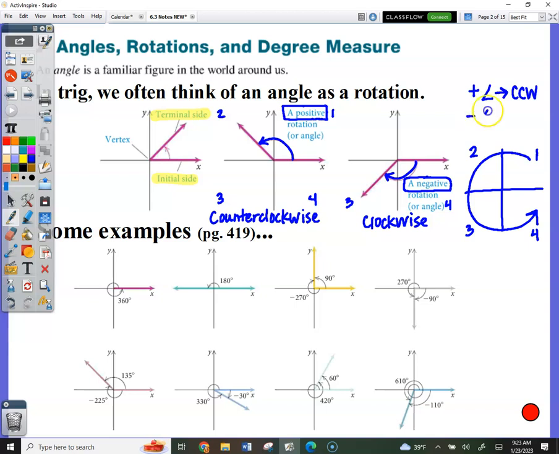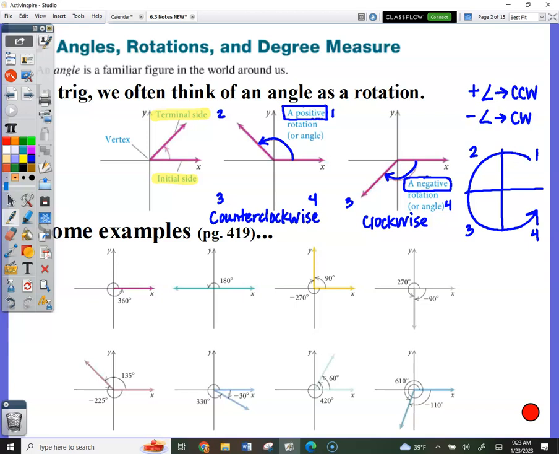And negative angles go clockwise. That's the first big takeaway that you're going to have to commit to memory, or trig is challenging. Know these vocab words and know what direction a positive angle goes and a negative angle goes.